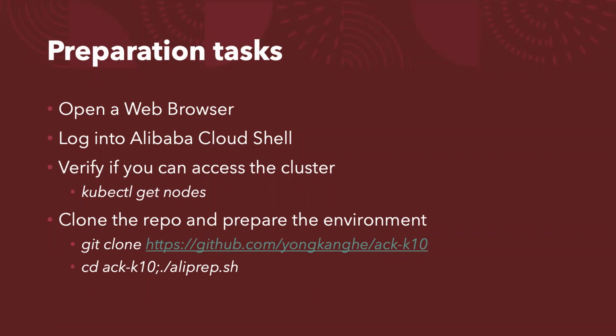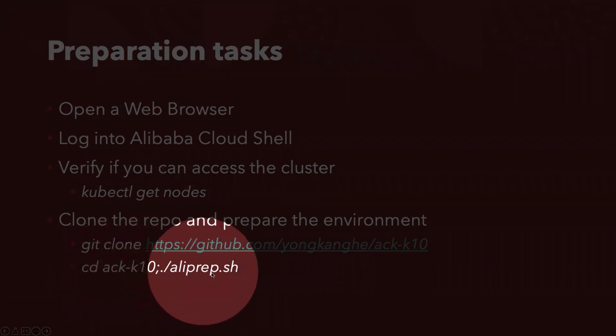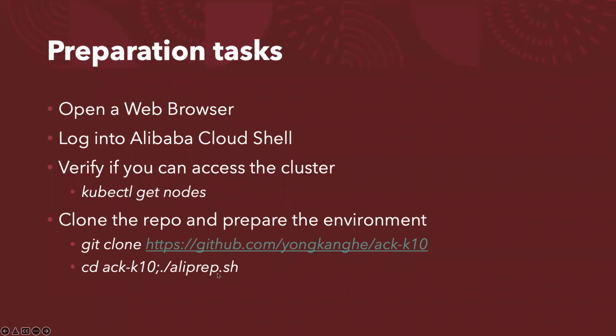Once you clone the repository, you come back to the Cloud Shell, change to the directory, and run the ali-prepper.sh command. The ali-prepper.sh command will install the required tools and also set the cloud credentials, like the security access key and security key, etc. That's all we need. But all of these tasks are a one-time job.